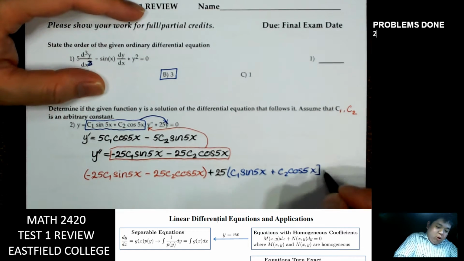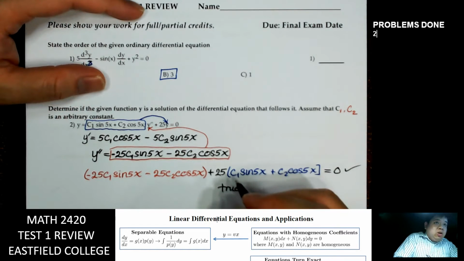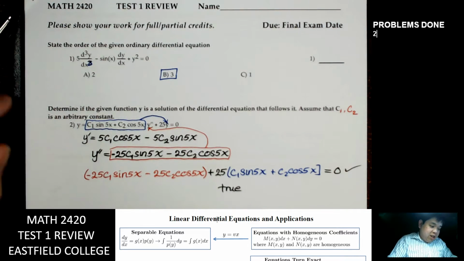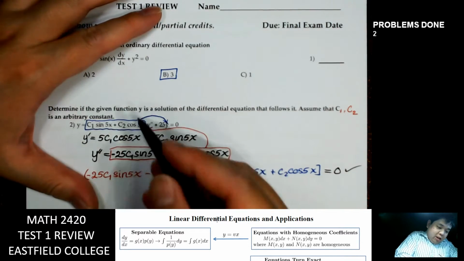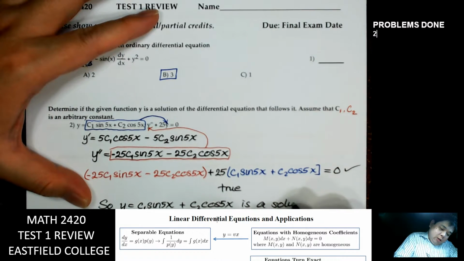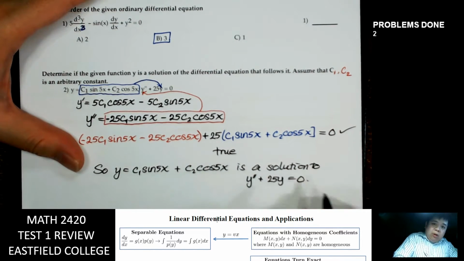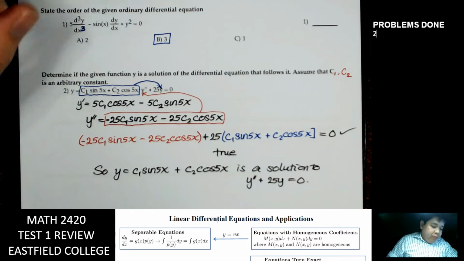And obviously, if we multiply them out, this is equal to 0. So this is true for every x. So the answer is yes. This is the solution of the equation. Right. Pretty simple.